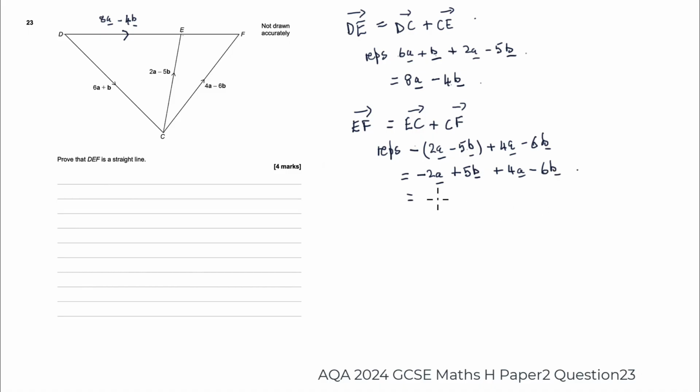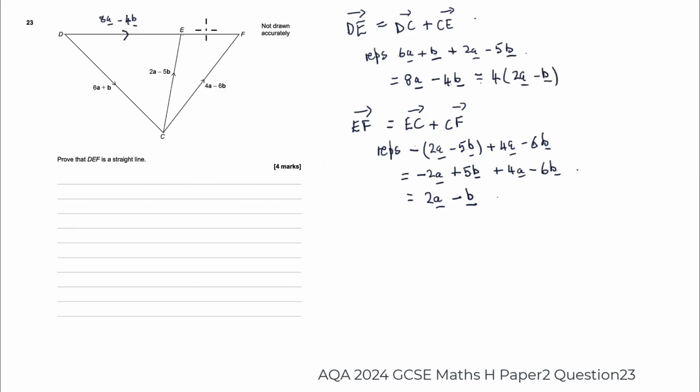So let's simplify that. 4a minus 2a is 2a. 5b minus 6b is negative b. Now we can immediately see that this journey represents a vector that is 4 times this vector. Let's write that as 4 lots of 2a minus b.